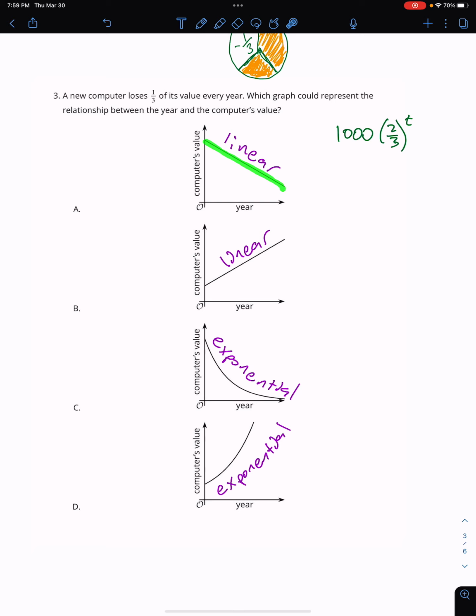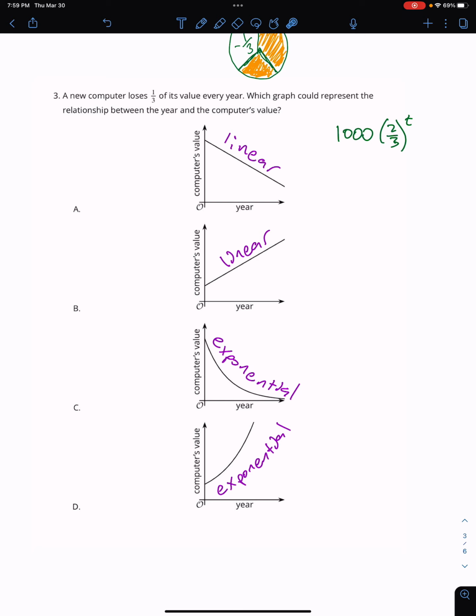But because the computer is becoming less and less valuable, that 1/3 becomes smaller and smaller. We're multiplying, we're not subtracting 1/3. We're multiplying by 2/3. Because that 1/3 is going to change each year. We're not going to subtract 1/3 of the original value. That wouldn't make any sense.